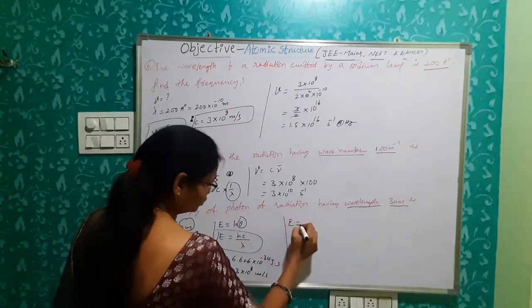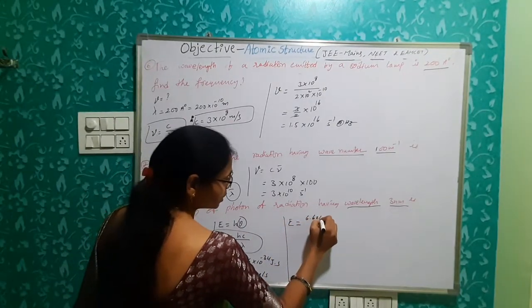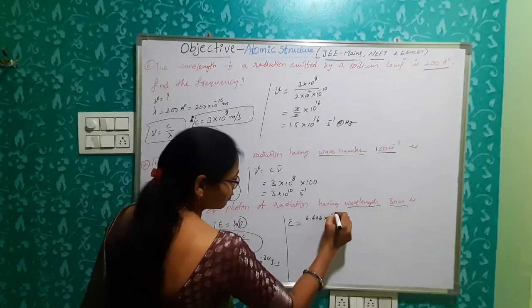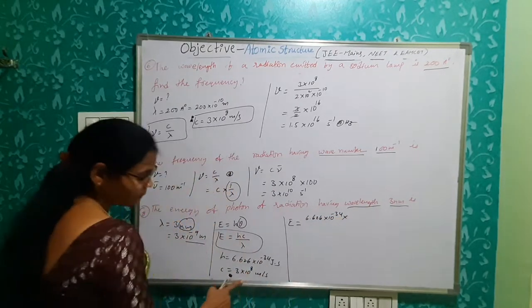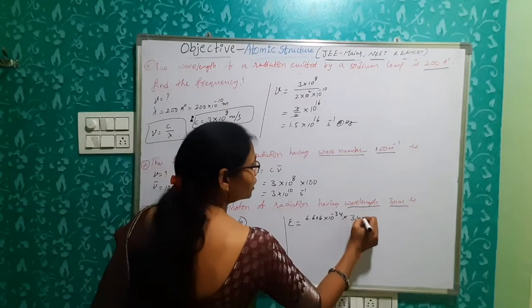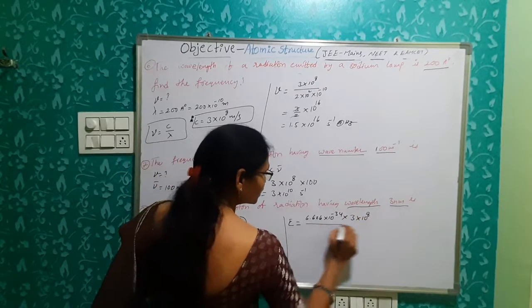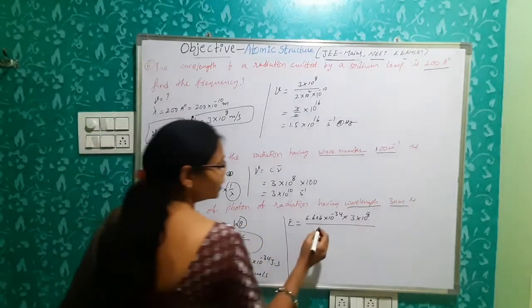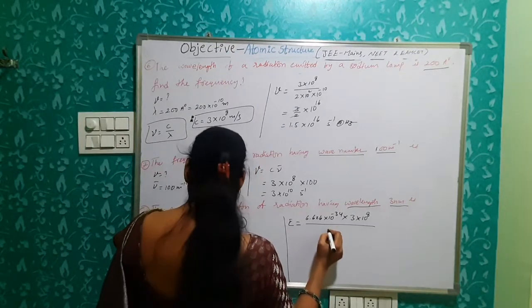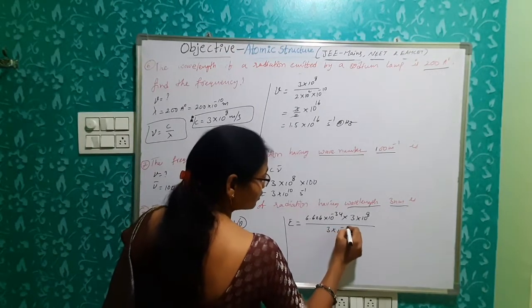E is equal to 6.626 into 10 power minus 34 into 3 into 10 power 8 meters per second, divided by lambda, which is 3 into 10 power minus 9.